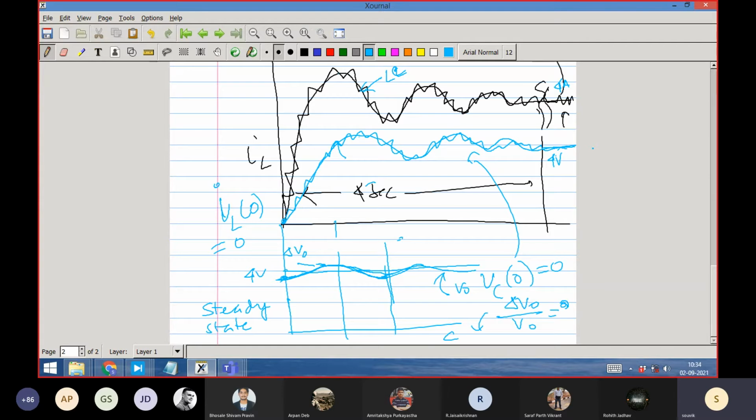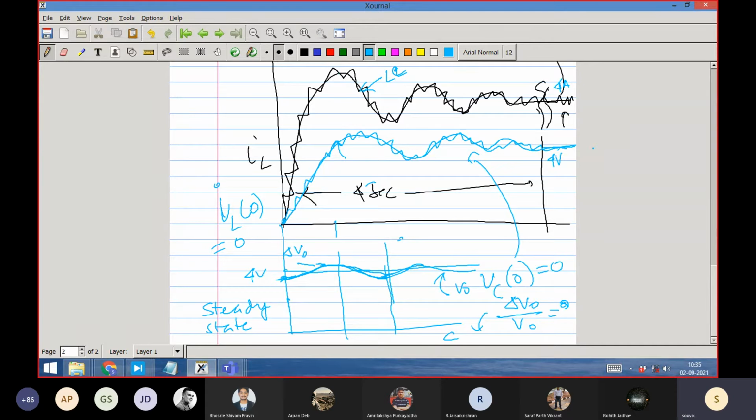That implies energy balance. The inductor is neither storing energy nor releasing energy. It has some stored energy corresponding to its load, half L IL squared. During the on time, its energy is increasing. During the off time, its energy is decreasing, and it returns to the same point.